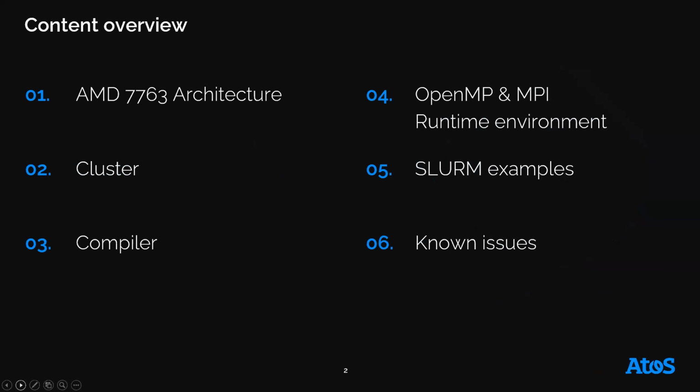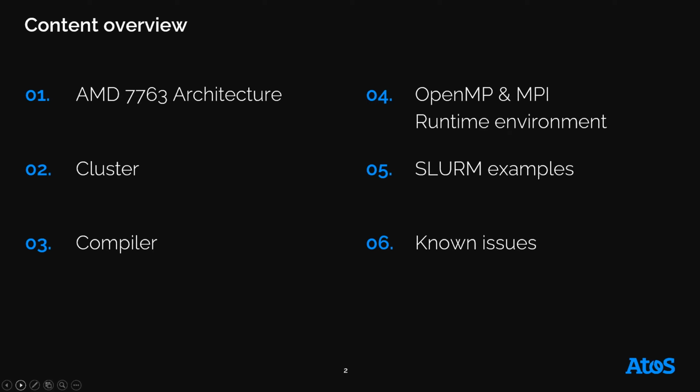We'll tell something about the CPU that's being used in Levante. One slide about the cluster, especially the switches and what you yourself can configure about it. Then quite some slides about the compiler and what is new there relative to Mistral.